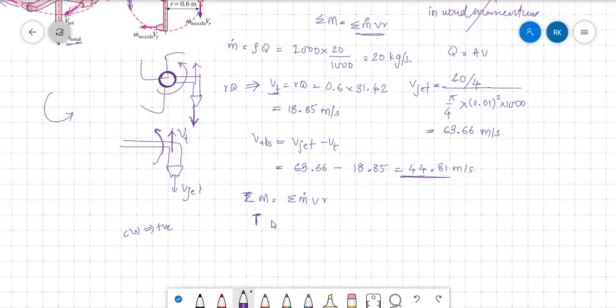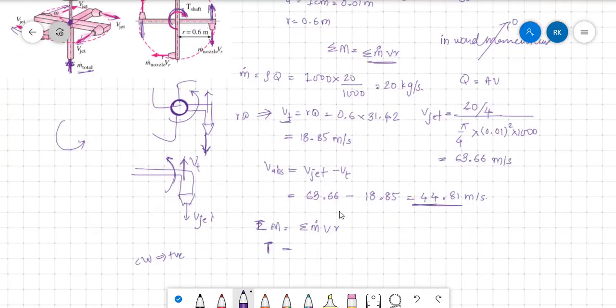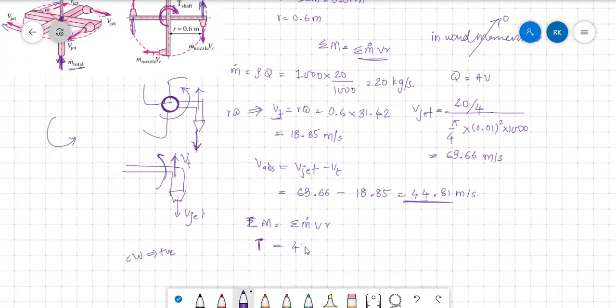So T is equal to, how many exits are there? 1, 2, 3, 4. 4 exits are there. So 4 exits means 4 into, since all the mass flow rates are equal and the radial distances are also equal, I am multiplying it with 4, m dot v r. So 4 into m dot. What is mass flow rate?